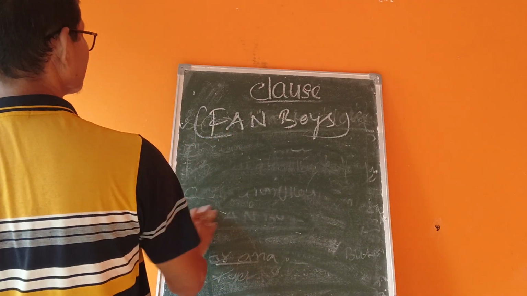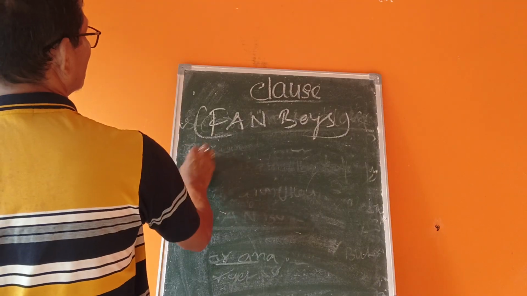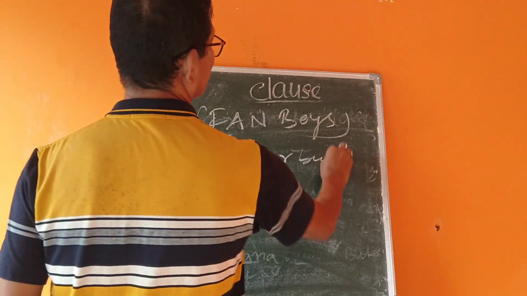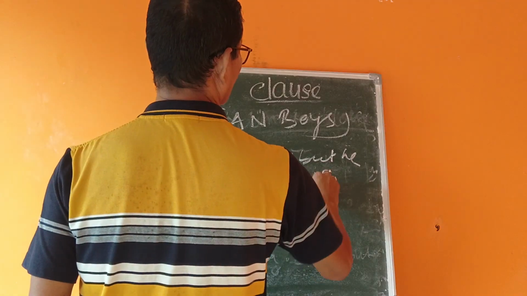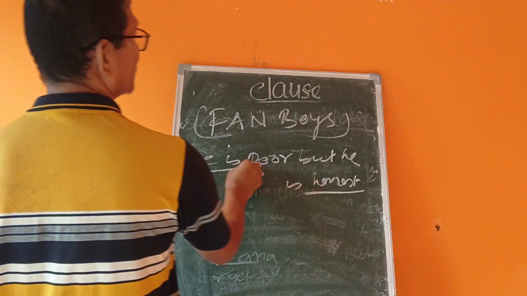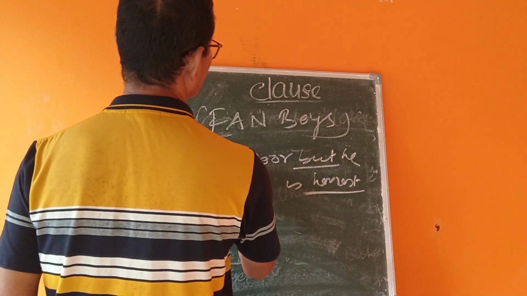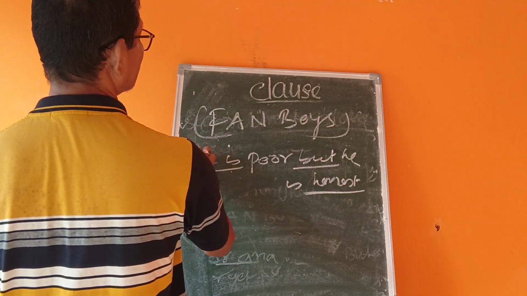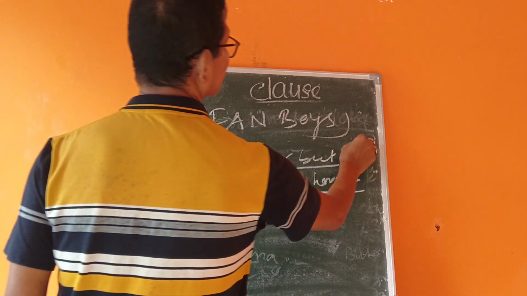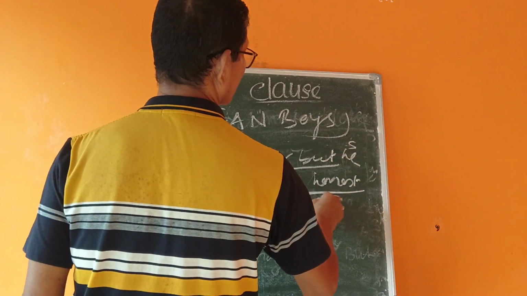As an example, he is poor, but he is honest. Yeah, with the conjunction but, there are two clauses. This is a clause, isn't it? Subject, verb, and a clause. And he, subject, is, verb, and a clause.